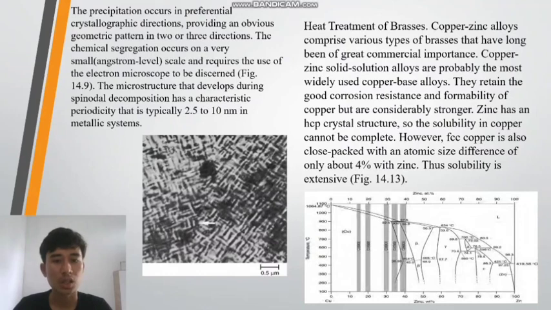Zinc has an HCP crystal structure, so the solubility in copper cannot be complete. However, FCC copper is also close packed with an atomic size difference of only about 4% with zinc. Thus, solubility is extensive. Figure 14.13.